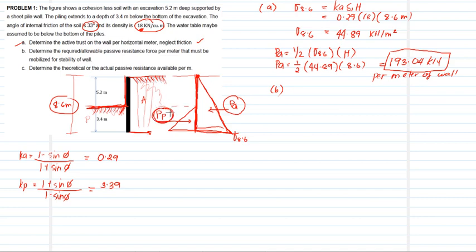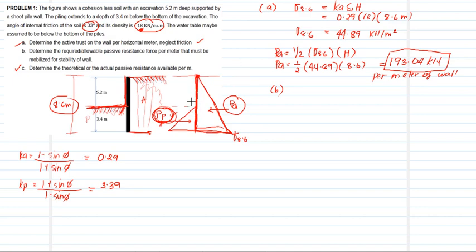Pero hindi lang yung PP yung hinahanap natin dito. Kasi pag PP yung hinahanap natin, that is for letter C. Yung theoretical and the active passive resistance available per meter. Okay? So, for letter B, dapat ito yung allowable daw na value ng PP para hindi mag-move yung ating wall, para stable lang yung wall natin.